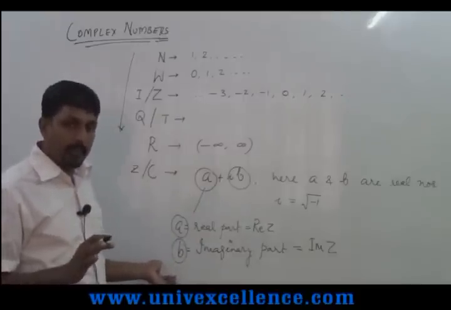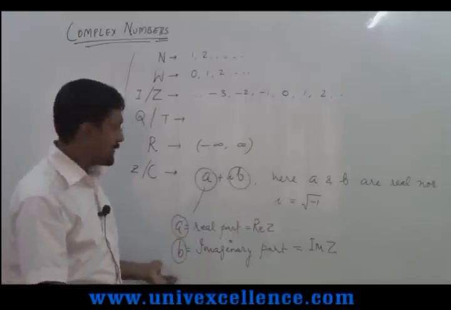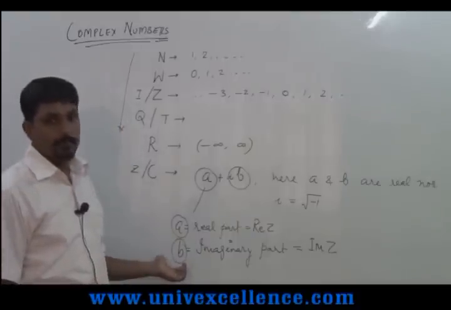We write only b, because of the iota it is the imaginary part.